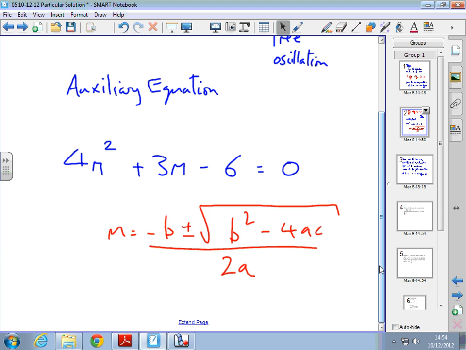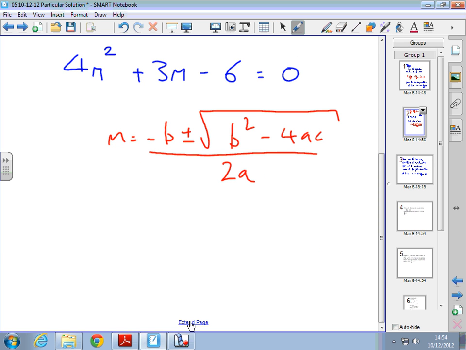So a equals, b equals, and c equals minus 6. Good. So plug those numbers into the quadratic formula and find out the values for m for me.